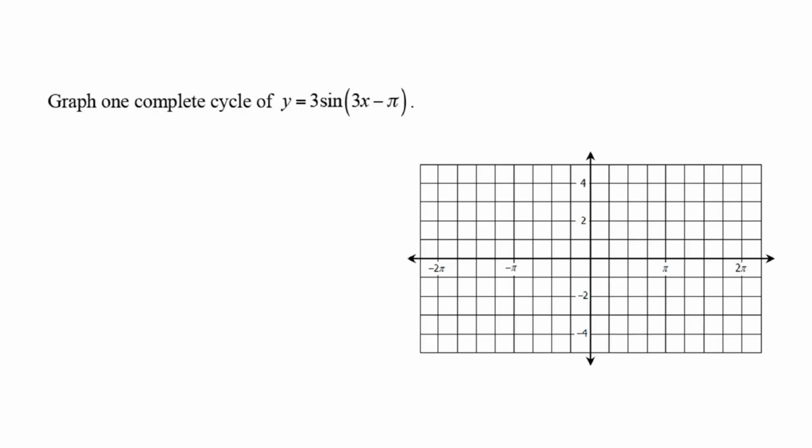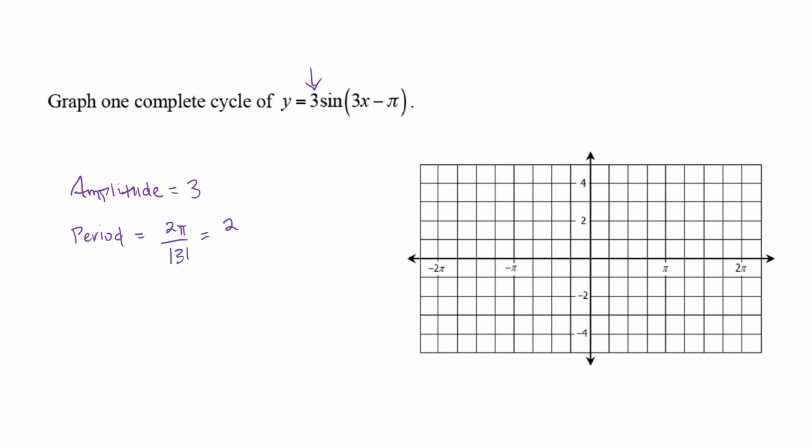All right, let's do another one. Still working with sine. Our amplitude is going to be 3. That's what's being multiplied by sine. Our period is going to be 2 pi over the absolute value of b, which is 3.